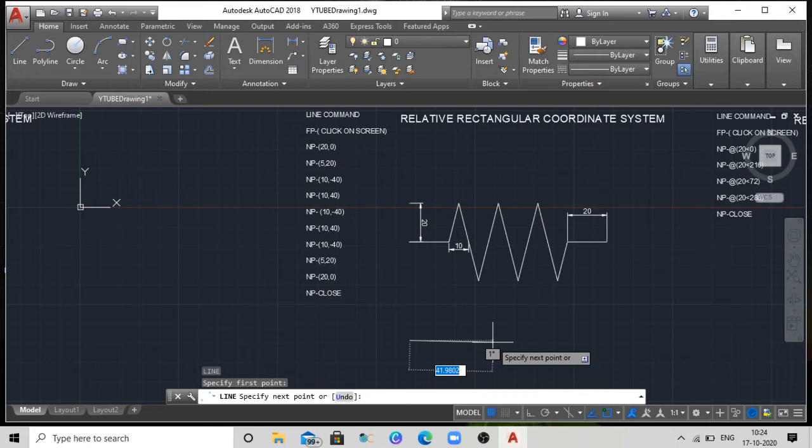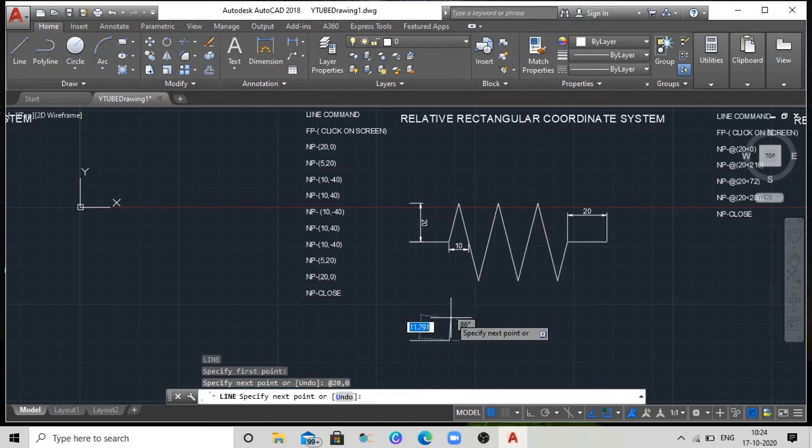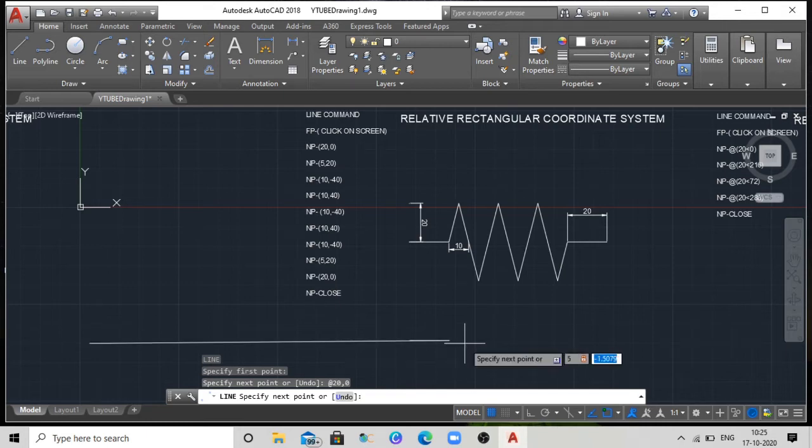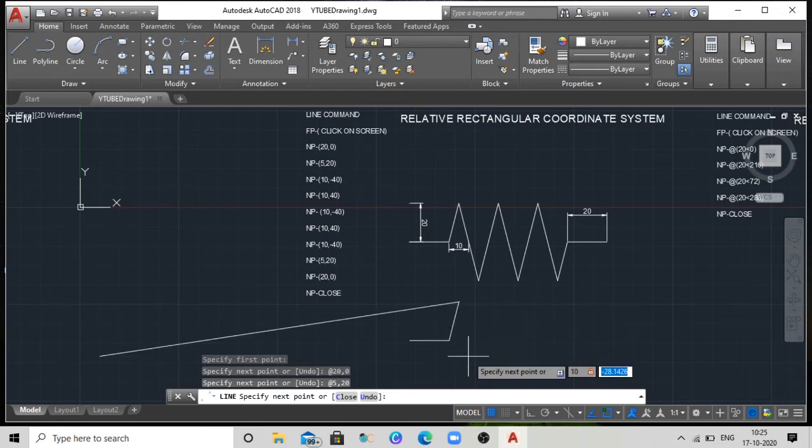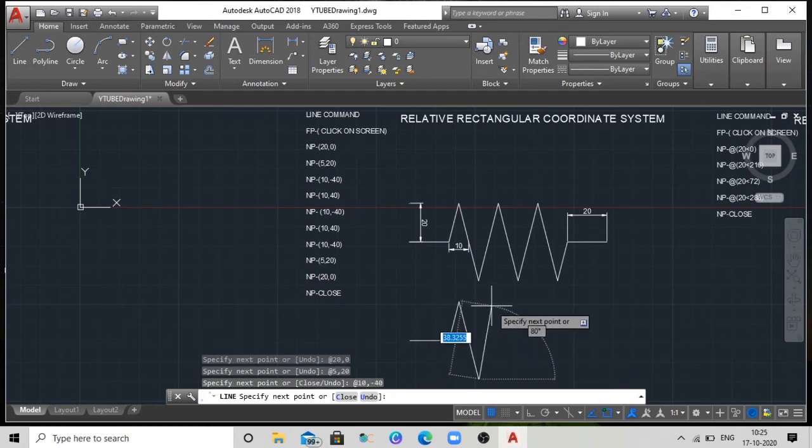The second point will be 20,0, so it came here. The next point will be 5,20, so it came here. Next point will be 10,-40, so it came here. Next point will be 10,40, it came here.